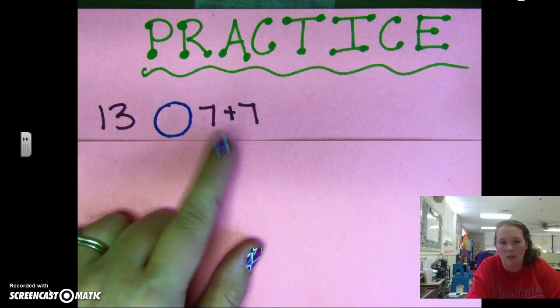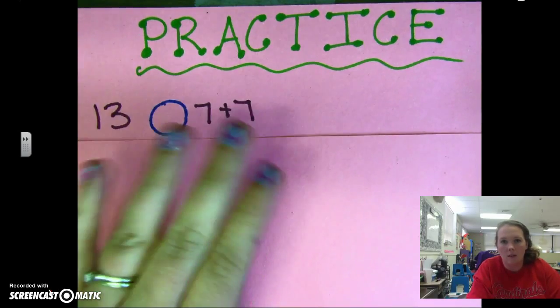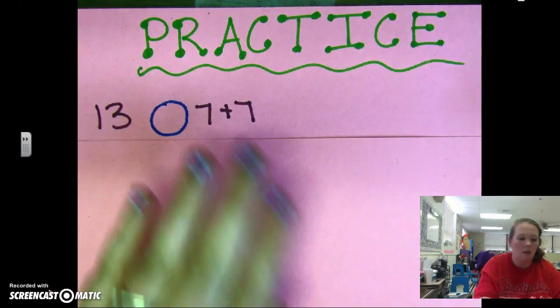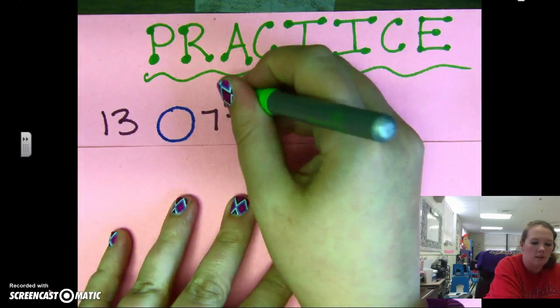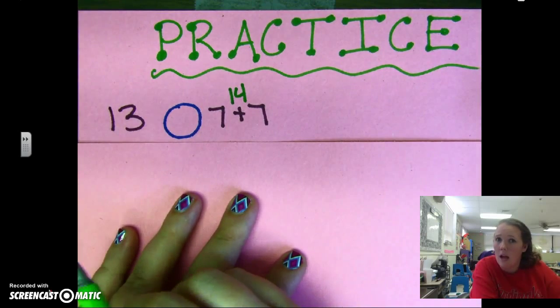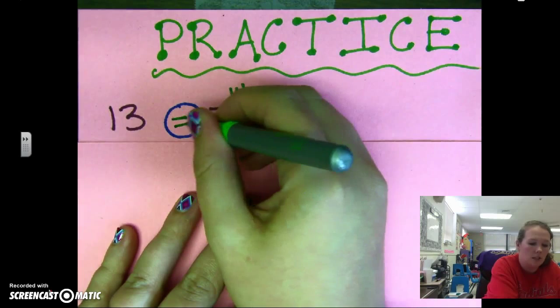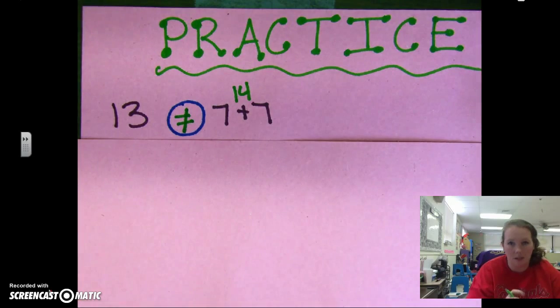So I need to figure out what is 7 plus 7. 7, 8, 9, 10, 11, 12, 13, 14. Alright, so I know 7 plus 7 is 14. Is 13 equal to 14 or not equal to 14? Hopefully you know 13 is not the same as 14.